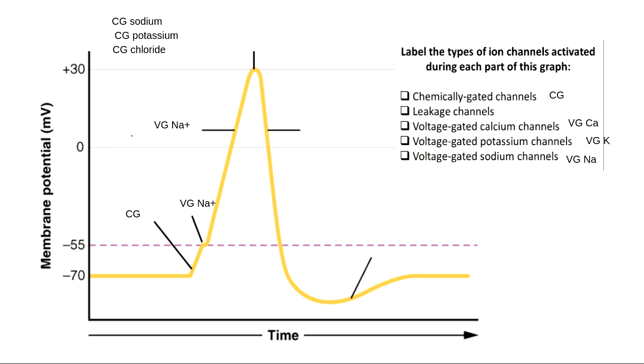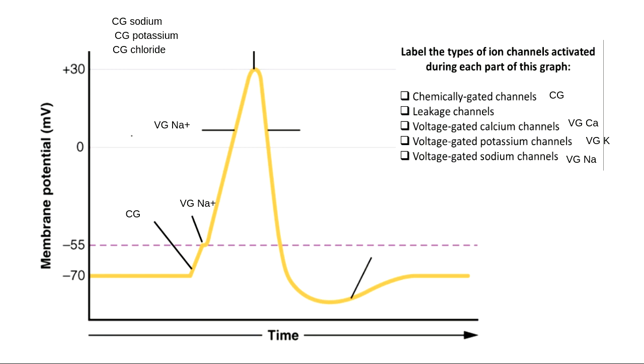Okay, so the first kind of voltage gated channels I'm going to open up are the kind of channels that are going to help me get back to normal. The kind of channels that help me get back to normal are my potassium channels. Voltage gated potassium channels. So the first kind of channels I open up at positive 30, when I'm freaking out because, oh my gosh, I'm all the way at positive 30 and I should have been negative 70, are voltage gated potassium channels.